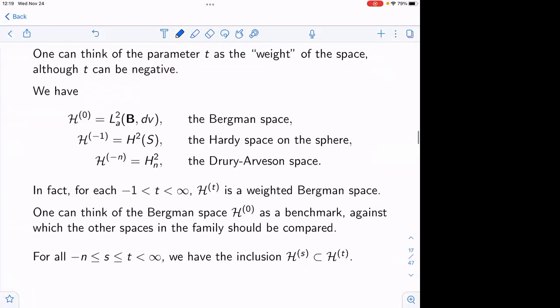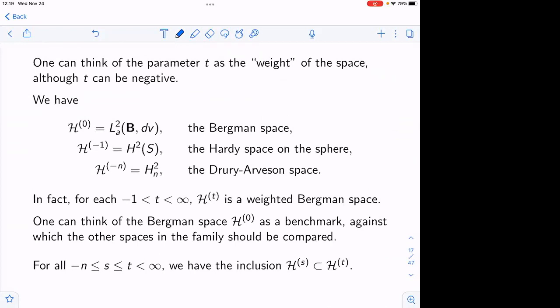If you go with this parametrization, we have a matchup between these H_t spaces and some familiar spaces. By this scaling, H_0 would be the Bergman space, which in a way is kind of easy to handle.